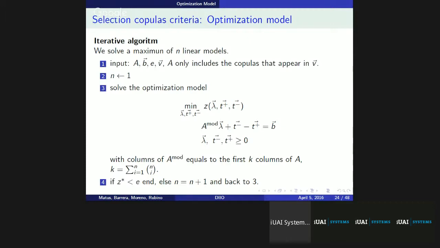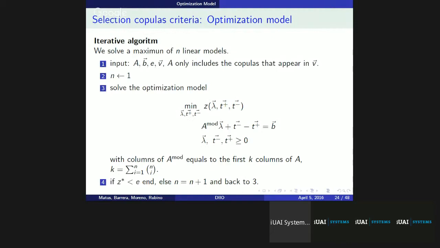n equals 1 is similar to the independent model, and I solve one of the models, the minimization of absolute error or the minimization of relative error. I solve and look at the optimum, and if it does not satisfy me, I take n equals 2.